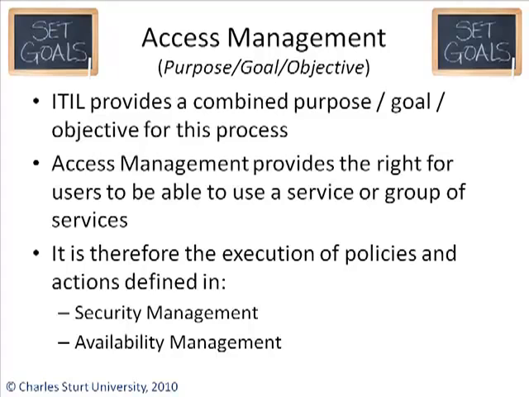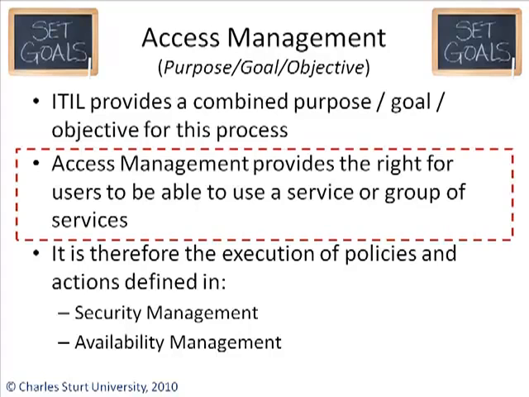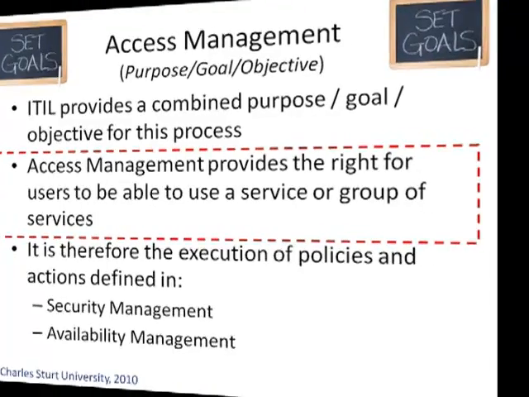It is therefore the execution of policies and actions defined by security management and availability management. They are setting the rules and the guidelines. It's access management really executing those rules and guidelines. So the purpose, goal, objective is providing the right for users to be able to use a service or a group of services.